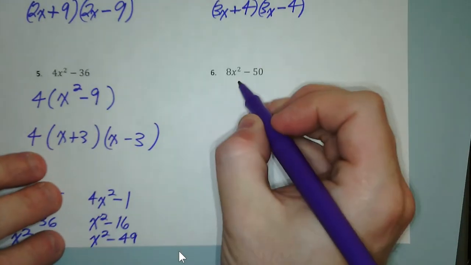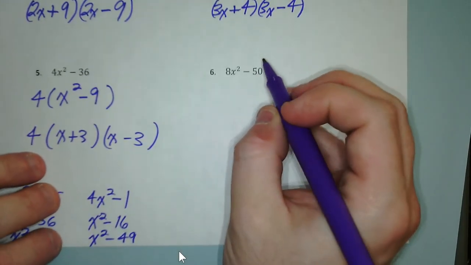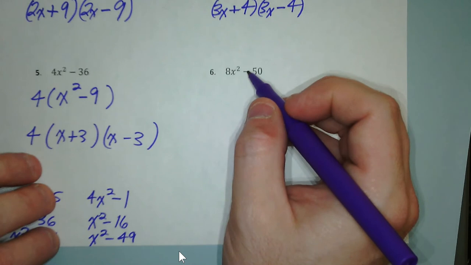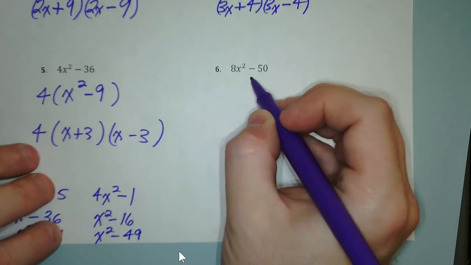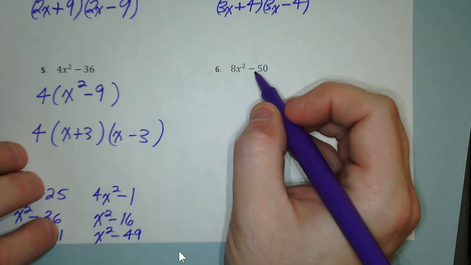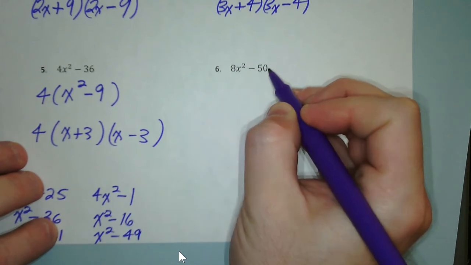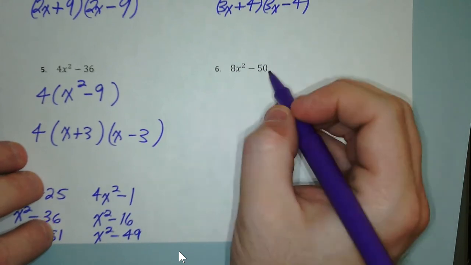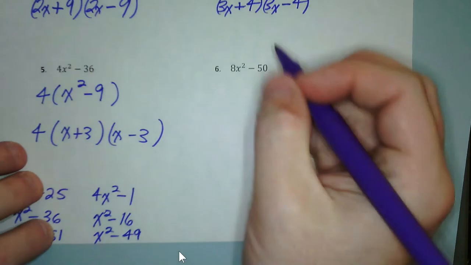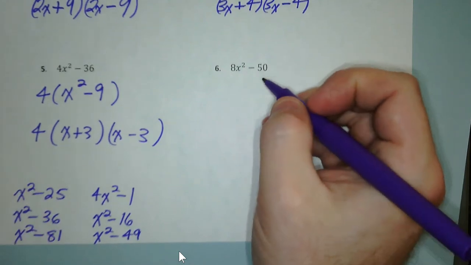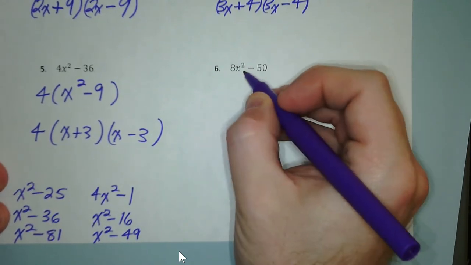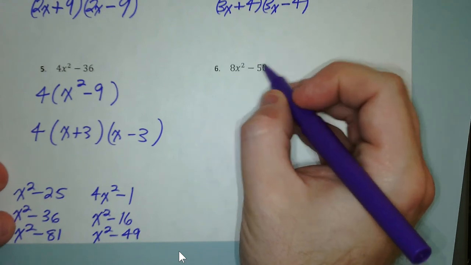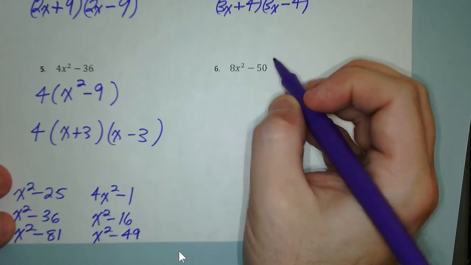But anyway, number 6, last one. Is there a GCF, Dakaya? Because we always check for a GCF. I mean, heck, 50 is not a perfect square anyway, and 8, but we always check for a GCF first anyway. Do you think there's a GCF? No? I think there is.